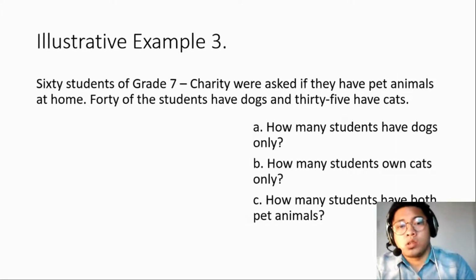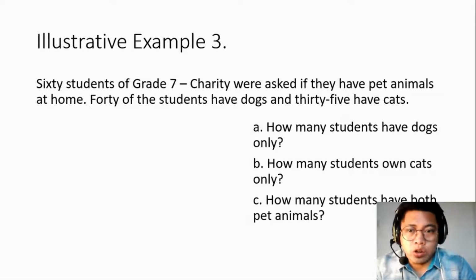Now, if you are done with the learning task number 1, let us talk about the illustrative example number 3. 60 students of grade 7 charity were asked if they have pet animals at home. 40 of the students have dogs and 35 have cats.